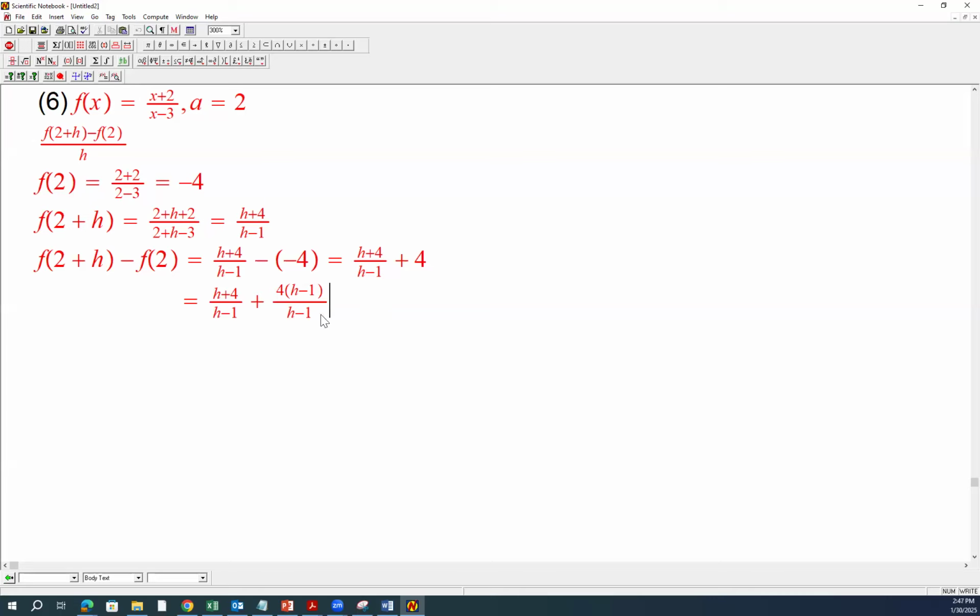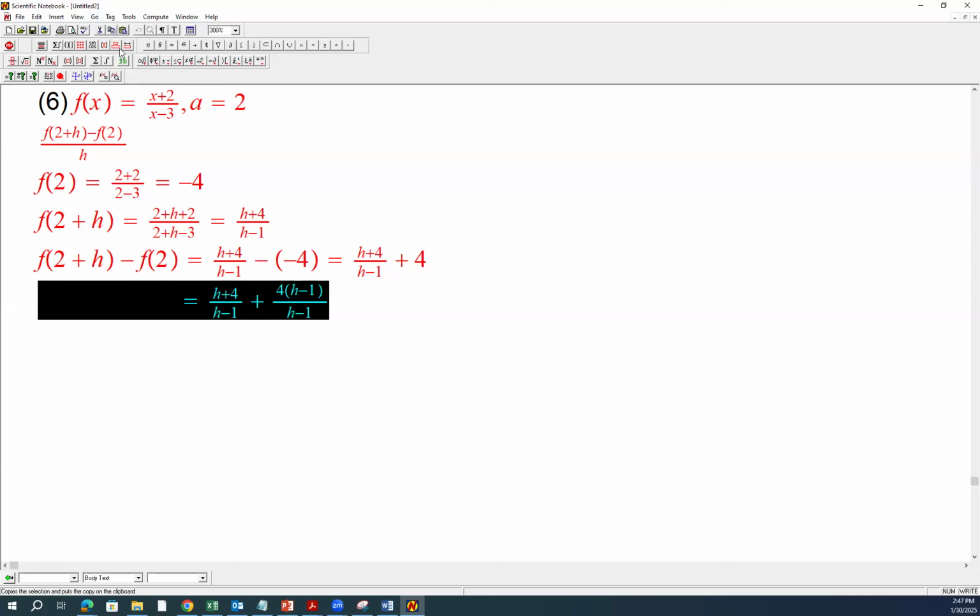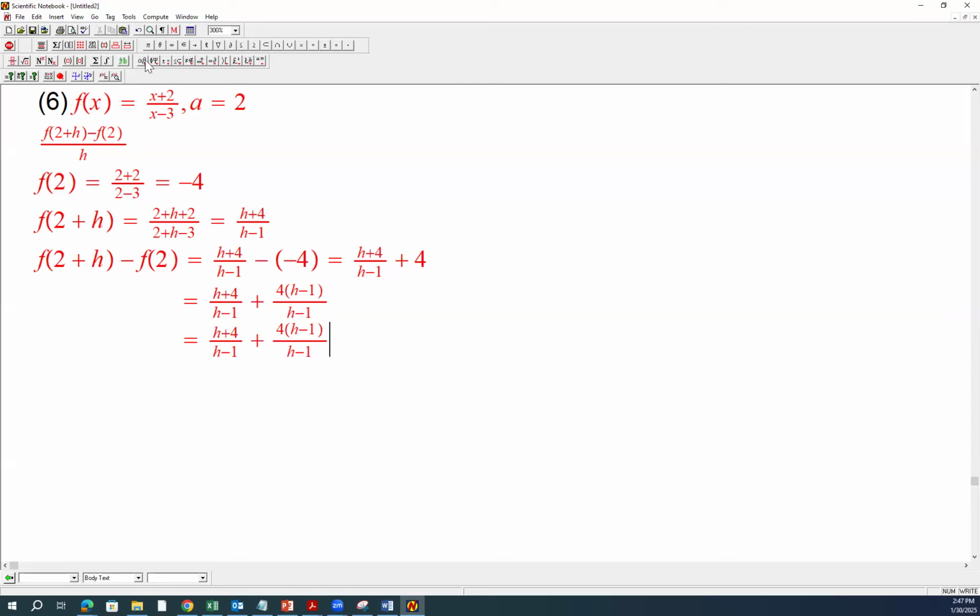Now we keep the same denominator and add the numerators. So h plus 4 will be added to the next numerator. So this part is gone. And then we're going to combine the like terms.